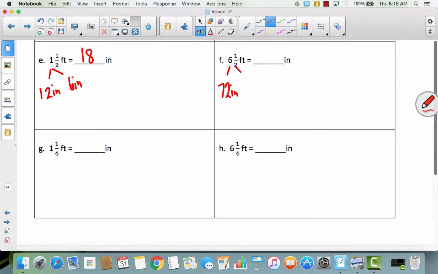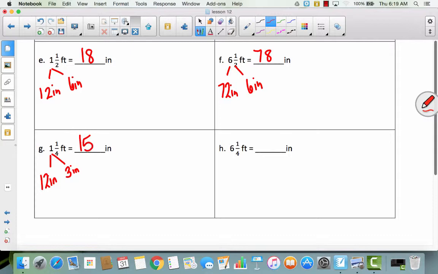And then a half of a foot would still be 6 inches. So that would be 78 inches. For G, 1 foot is equal to 12 inches. And then a fourth of 12 would be 3 inches. So this would be 15 inches.